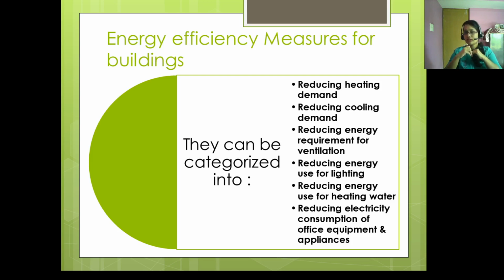Next is reducing the energy used for heating water. You can achieve this by installing time controls and setting them to correctly reflect the hours of hot water requirements, then setting the sanitary hot water thermostat to appropriate temperatures, then switching off the electric heating elements when the hot water from the boiler is available.